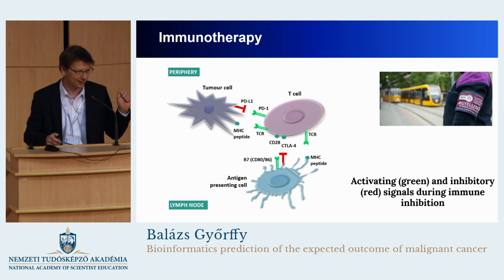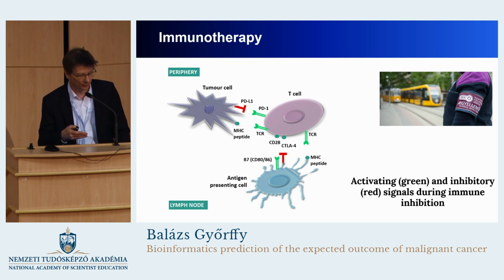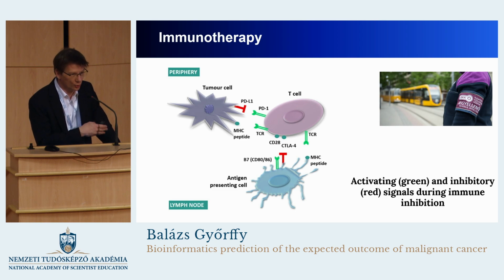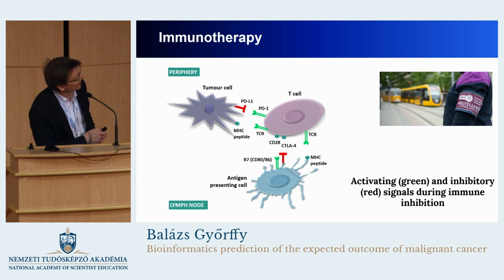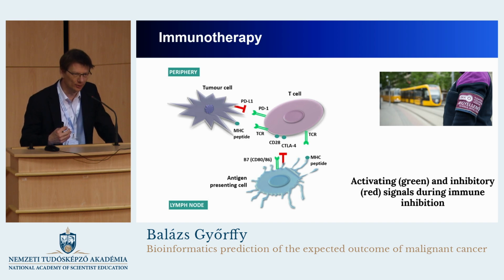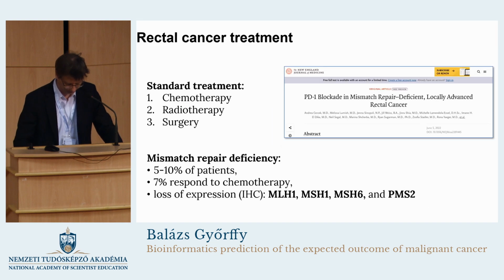The tumor cell has this pass, which means that the controller will let the passenger, or the tumor cell, go on unnoticed in the body. So in other words, if we can stop this interaction, we can take away the pass from the tumor cell, and we can activate the immune system.